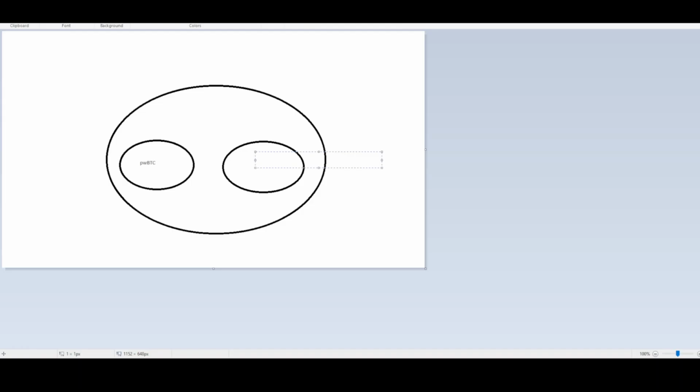That's as big as it's going to get. And this is your pDAI.